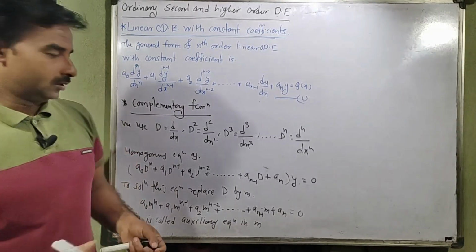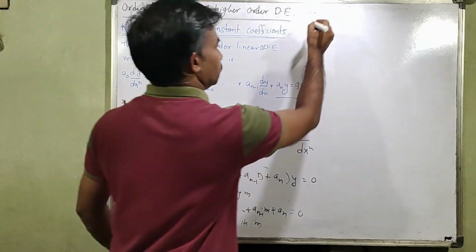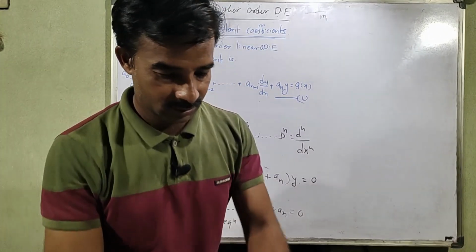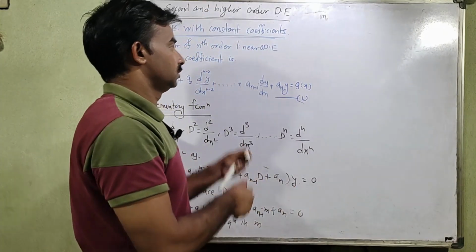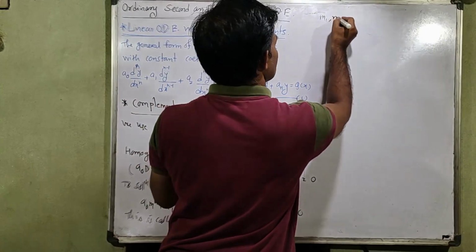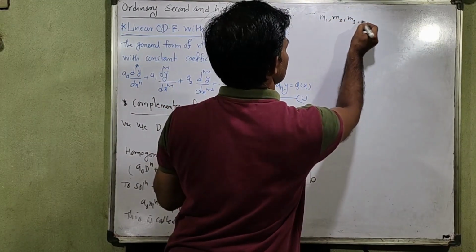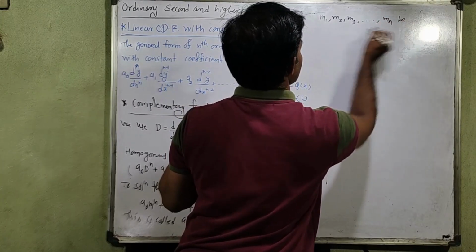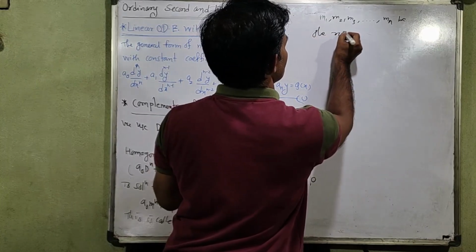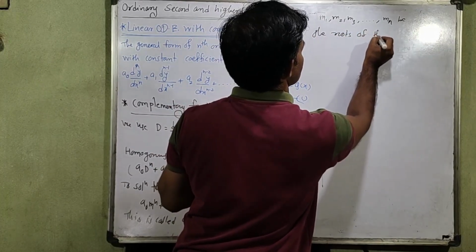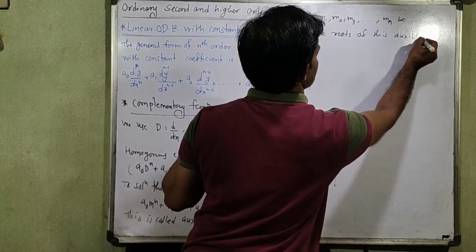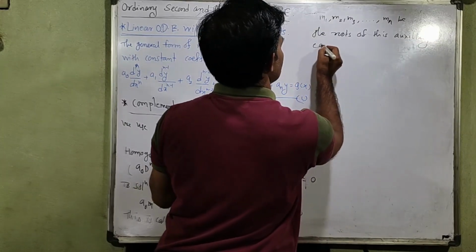This auxiliary equation has n roots: let m1, m2, m3 and so on up to mn be the roots of this auxiliary equation.